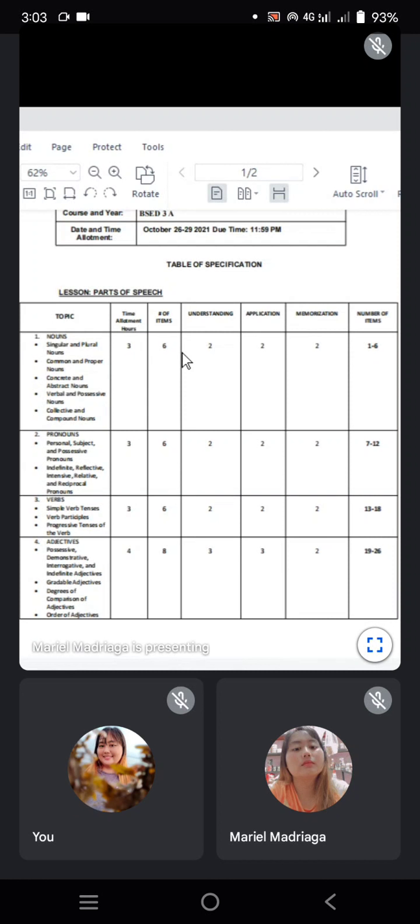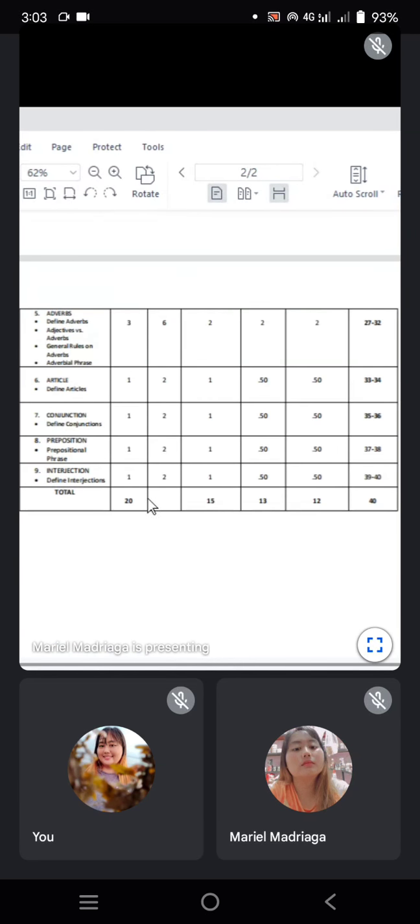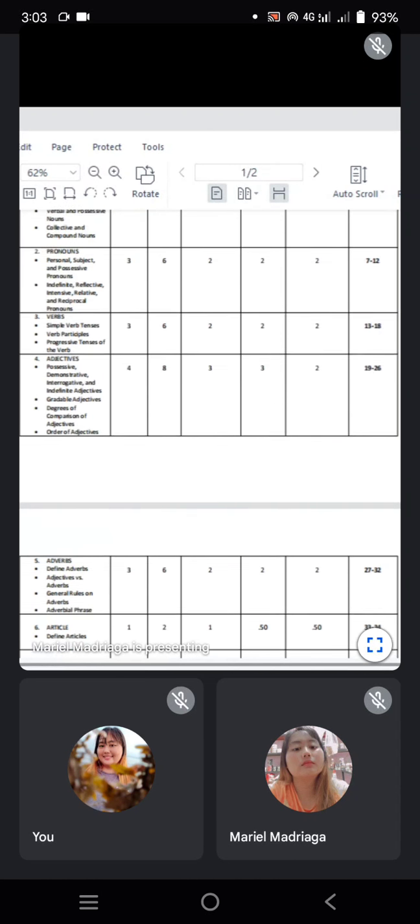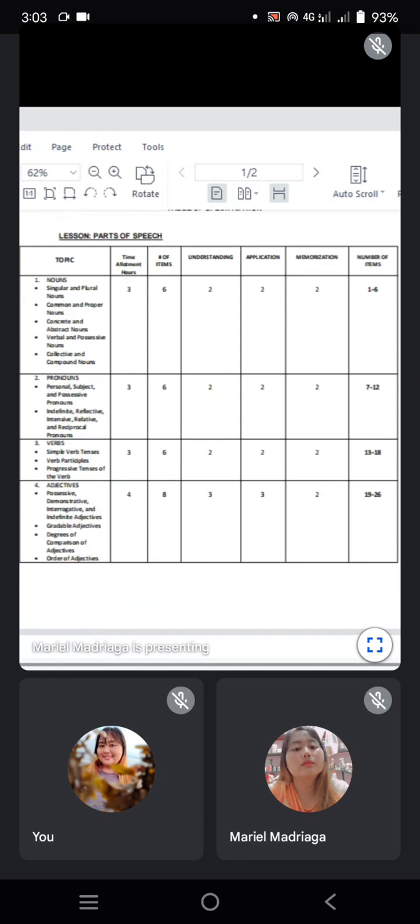I repeat, time allotment hours for the corresponding topics, which is the nouns, and the total amount of the time allotment hours, which is here 20. I have added the time allotment hours for the corresponding topics here, the nouns, pronouns, and I got 20.